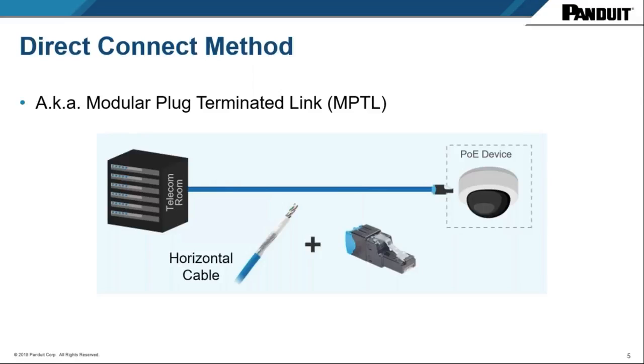And in this method, the components that we have in the link to connect the device are simply the horizontal cable, and then a field terminated plug that is attached directly to the horizontal cable and then inserted directly into the device. So considering these two methods, you can see they're quite a bit different.